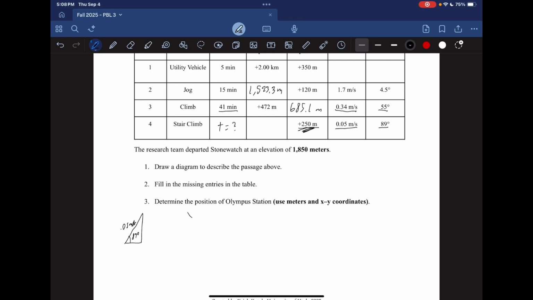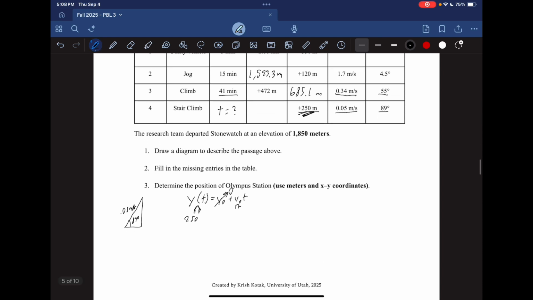If you recall, the equation we've been using is y of t equals y naught plus v naught t. We again set y naught equal to 0. And instead of having time, this time we have our y of t. So we can use it to solve for time. Our y of t would just be 250 meters because that's the displacement in the y direction.